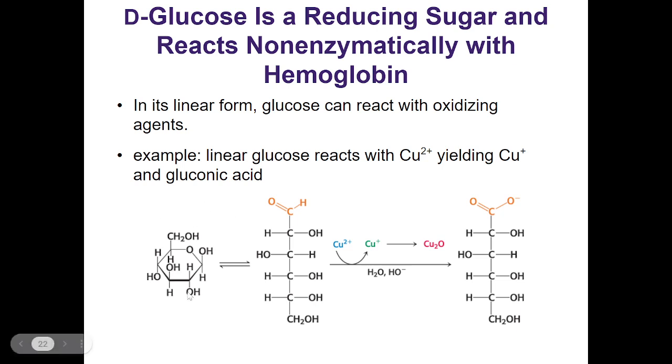So here you have the closed chain form. It can't react because it doesn't have the carbonyl available, right? There's no carbonyl, okay? However, when you have the open chain form, which it will have a small population that exists in, it can react with the copper 2+. And so the copper 2+ would go to copper 1+. This would actually go to copper 2 oxygen.